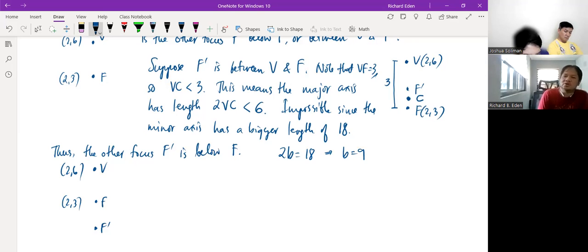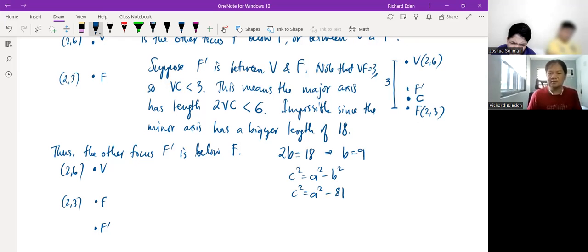What's the relationship between the quantities A, B, C? A is longer, so C squared is equal to A squared minus B squared. But B is 9, so C squared is equal to A squared minus 81. So of course it means 81 is equal to A squared minus C squared.